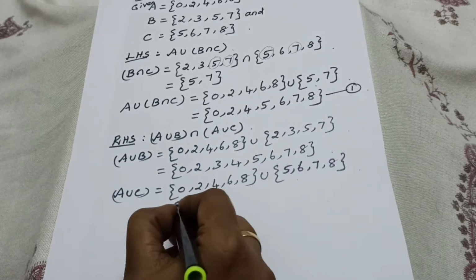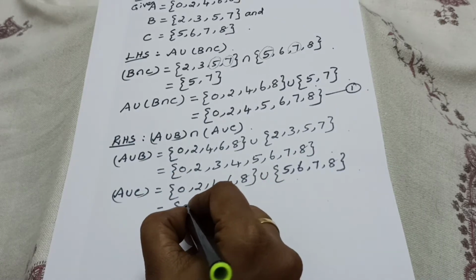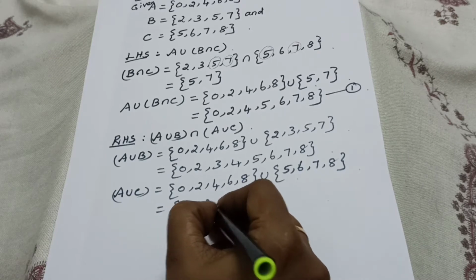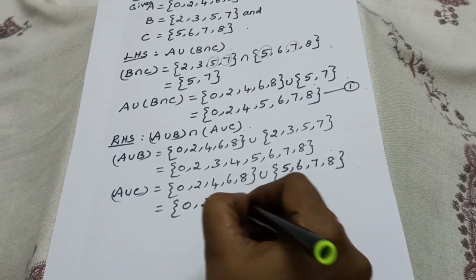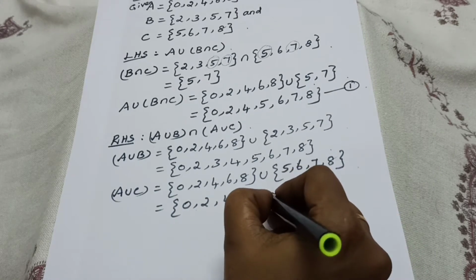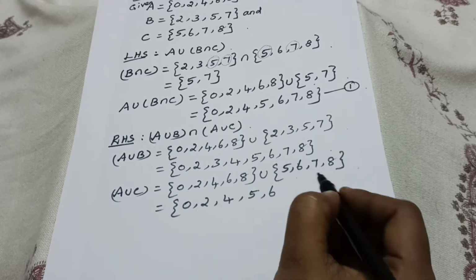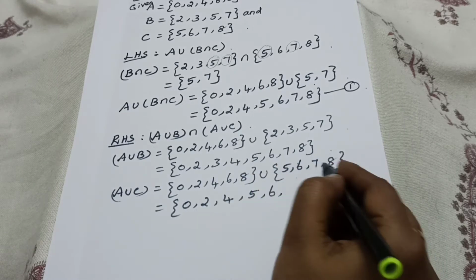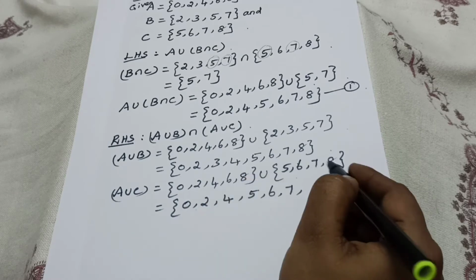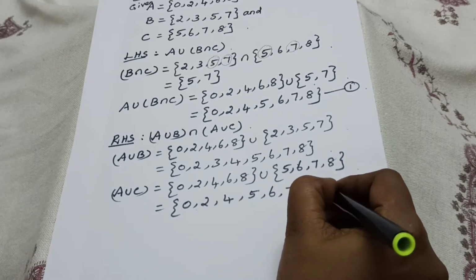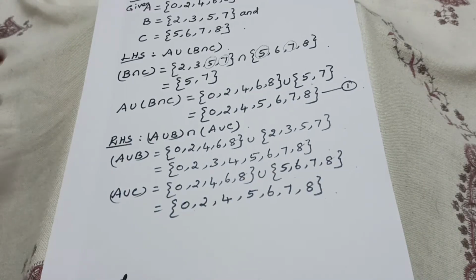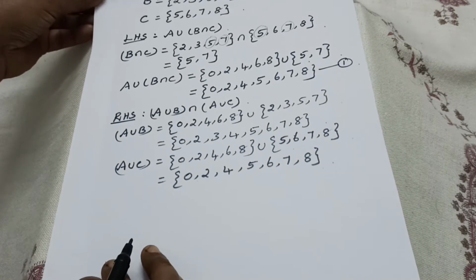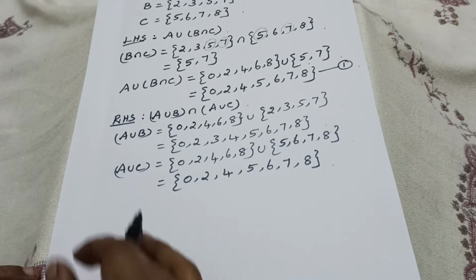Both together we have to write. 0, 2, then 4, 5 is there, 5, 6 both also available, one time you should write. Then 7, 8 both also available, one time you should write it. This is A union C.